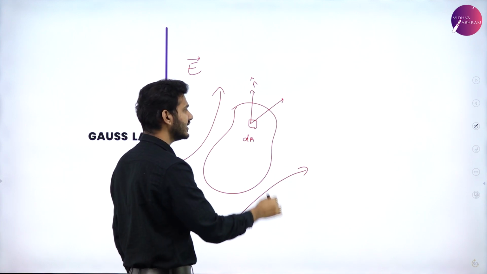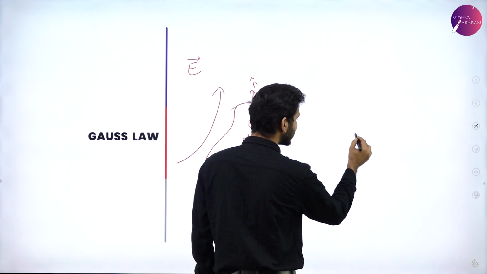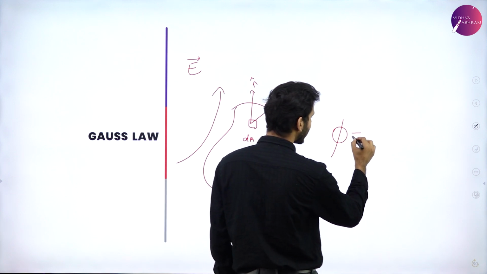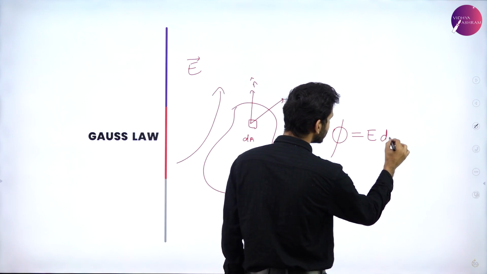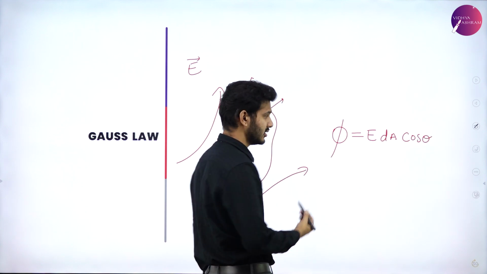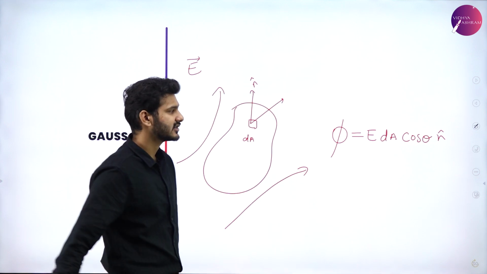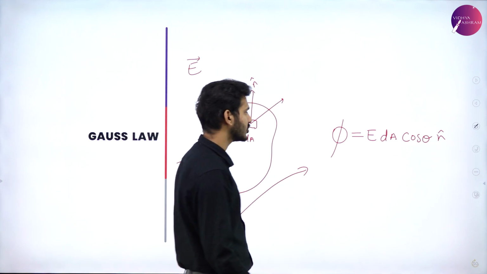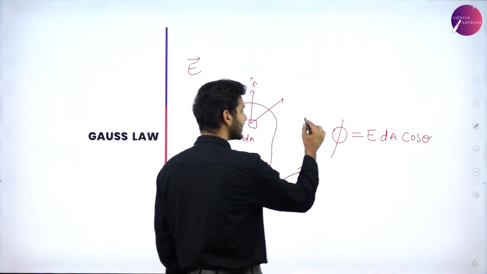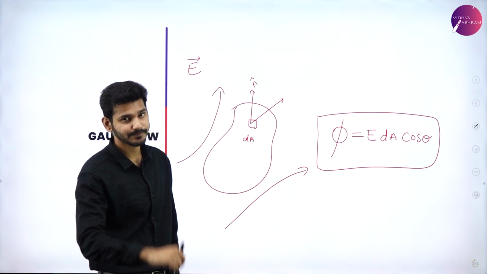Let's say the angle between them is theta, and the electric field is E. So the electric flux phi will be given by E dA cos theta. It is said that you should add an n cap here to indicate the normal vector, but it is fine, so you can erase this n cap. This will give you the flux for that particular area.